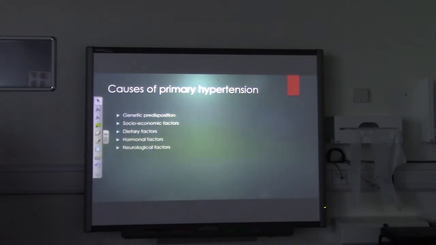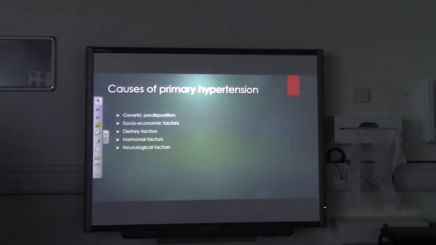From a dietary factor, high salt intake and vitamin D deficiency. They've noted that patients who have vitamin D deficiency have increased blood pressure, and that high salt intake can cause alterations in osmotic movement of fluid and an increase in body fluid and blood pressure in the kidneys.